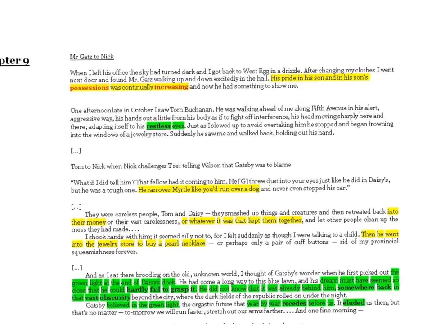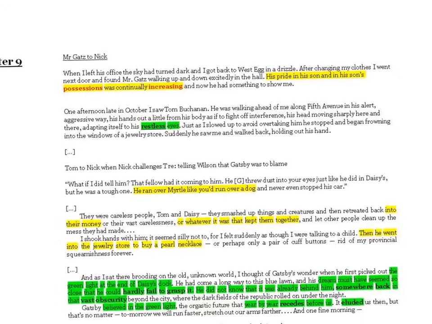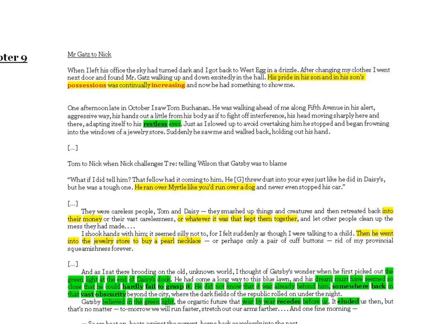And finally on this video of these three language areas, we're looking at chapter 9. Here's the late Jay Gatsby's father talking to Nick. And we notice here that Nick observes that his pride in his son and in his son's possessions was continually increasing, language of amounts again, and now he had something to show me.